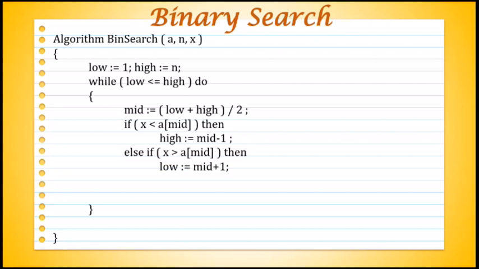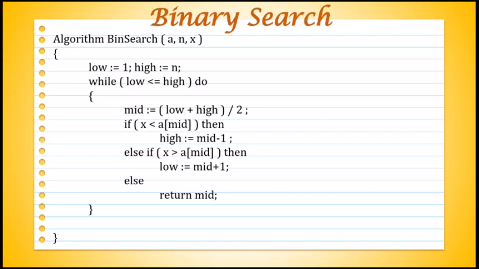Suppose our searching element is not less than the middle value and not greater than the middle value, so it will be equal to the middle value, and that means we have found our searching element at the middle position. Whatever the position of mid, there will be our searching element. So that's why we are returning the mid value, that is the position of the middle value.